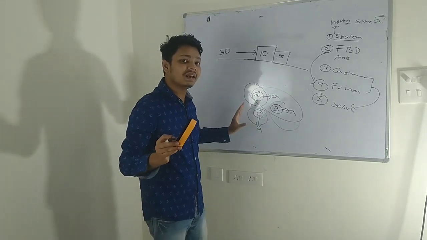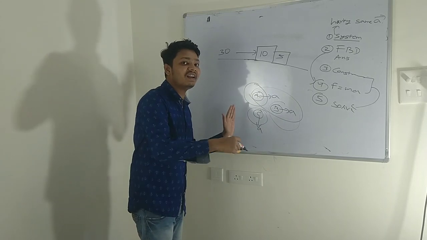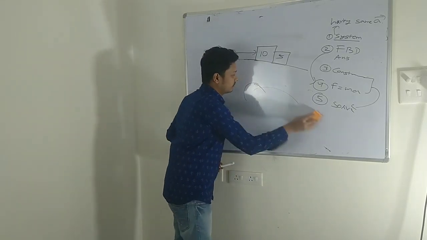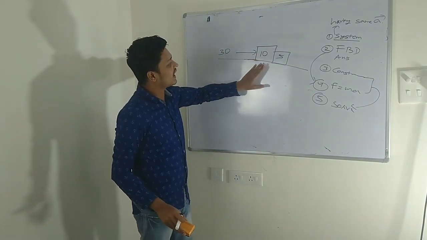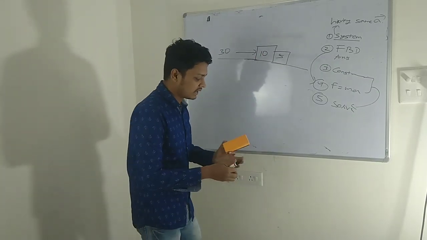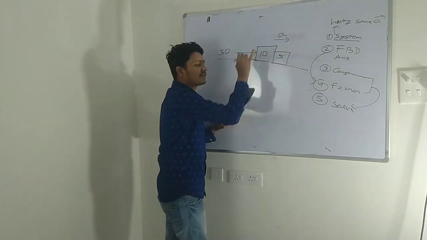You can take AB as a system. Please remember this. I will use this again and again. Okay? So now, here it is clear that I can take 10 and 5 as a system because they will move to the right side with the same acceleration.